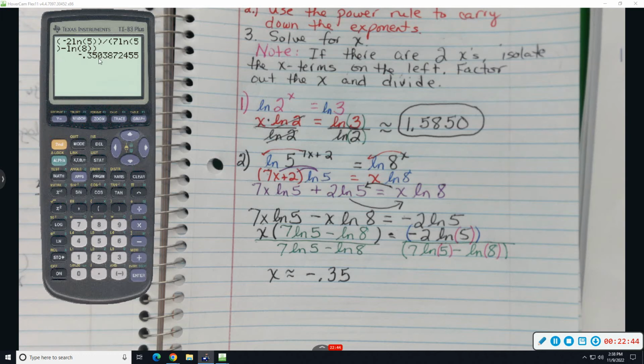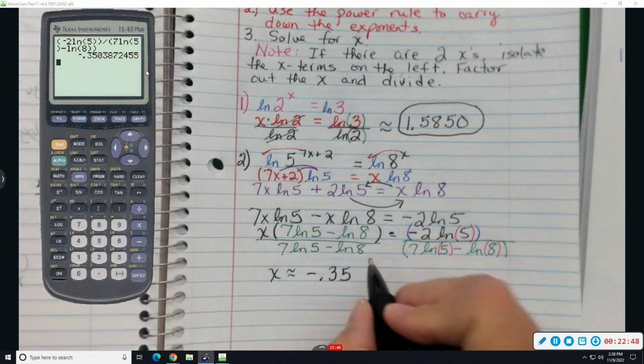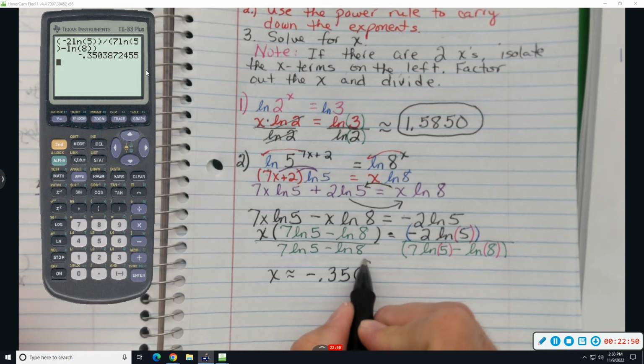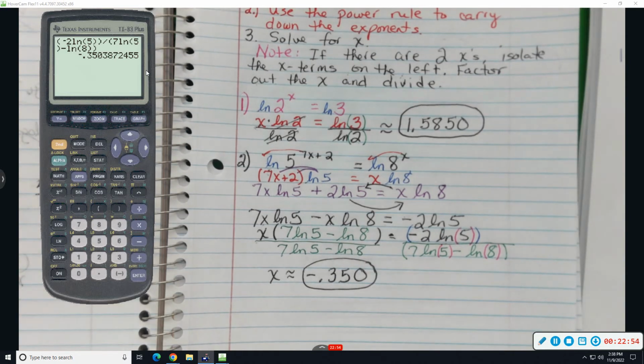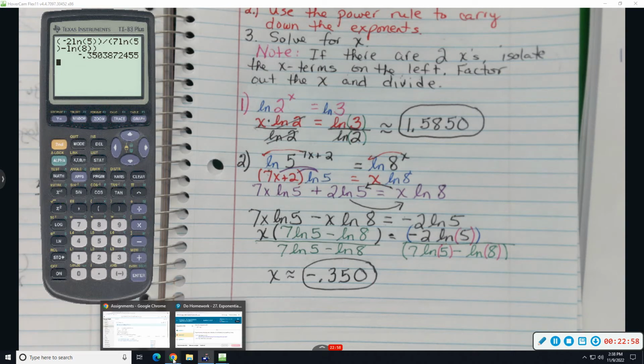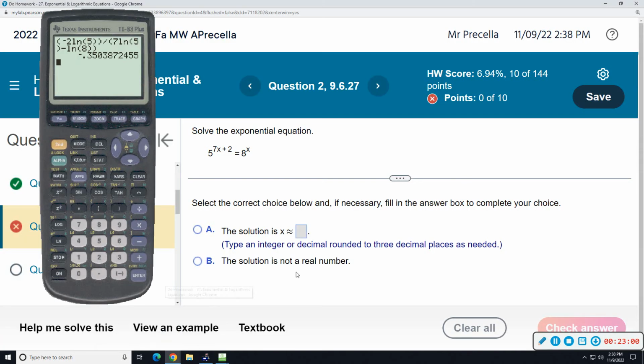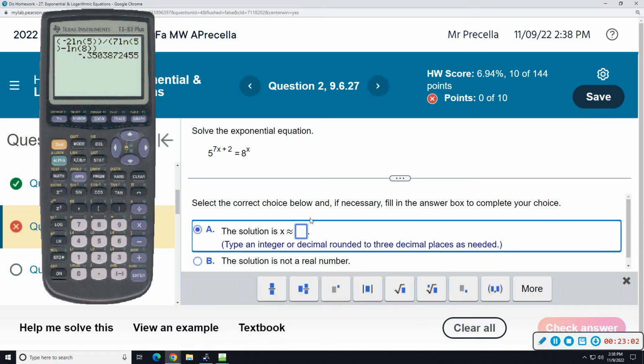What do y'all think? Leave it as a 0? So negative 0.350.